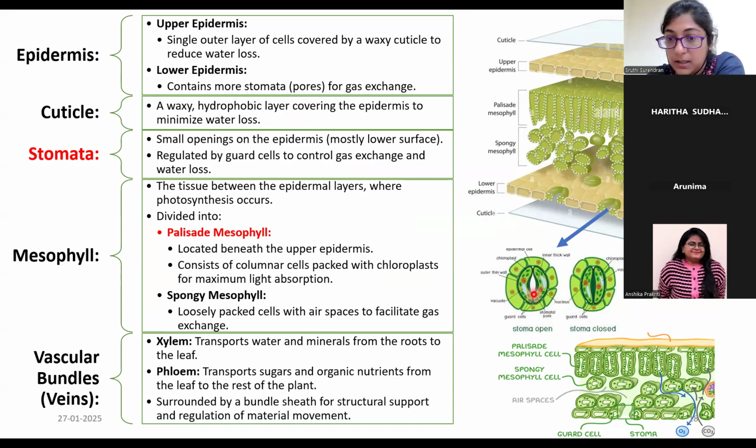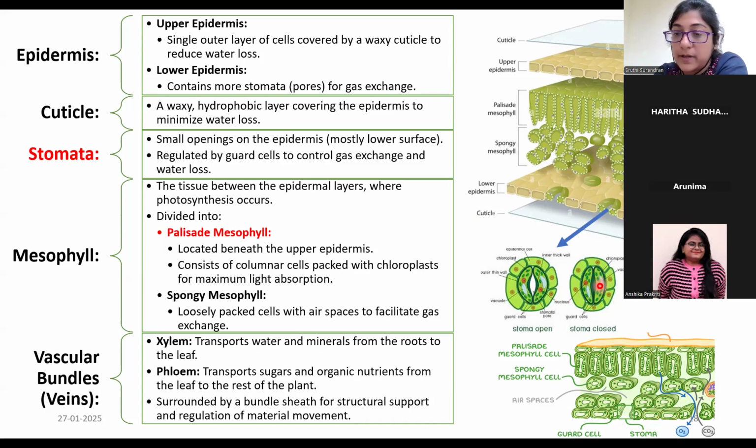When it is open, the gases will go in or come out. If all of the water goes out, then the plant will face water stress and get dried out. So in order to stop that, the stomata will close.